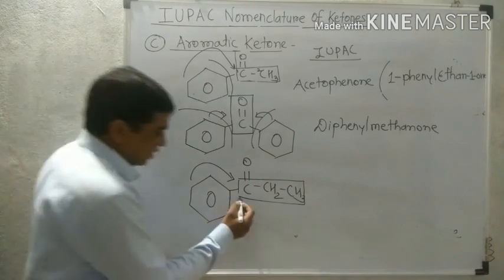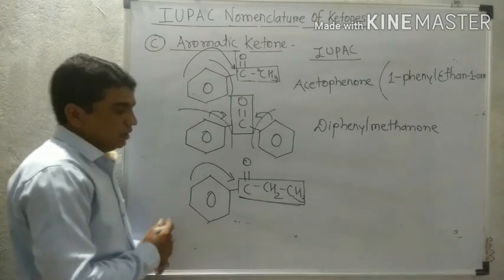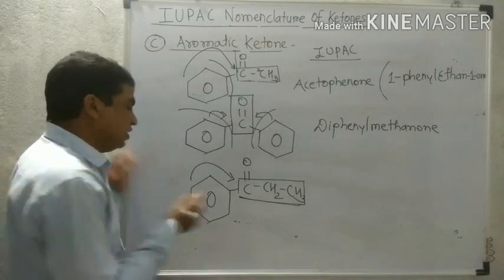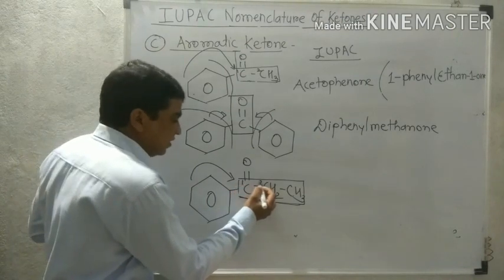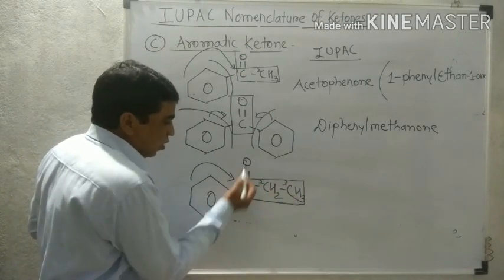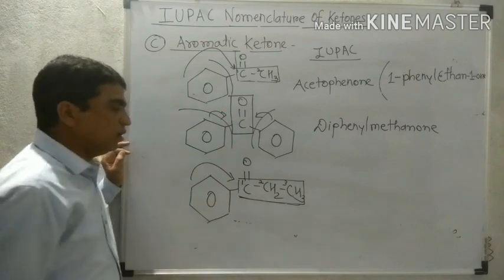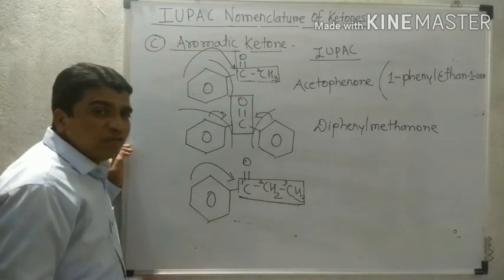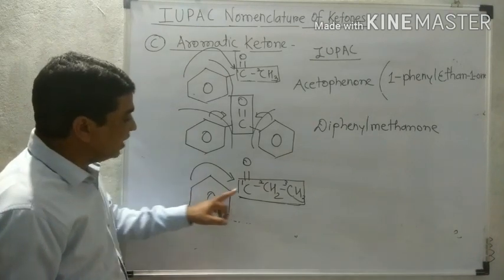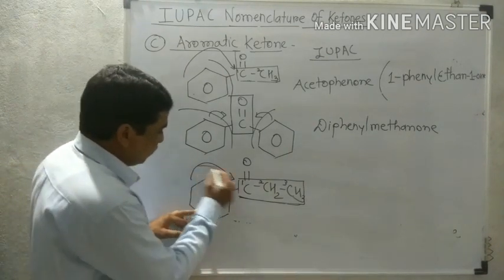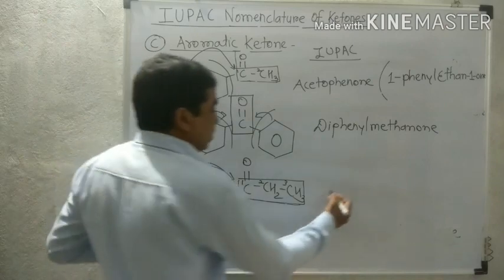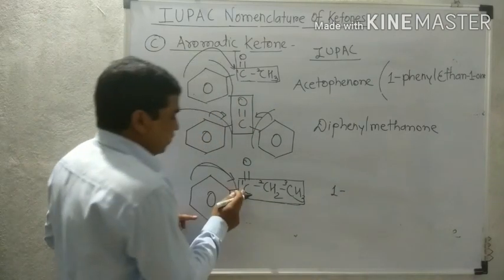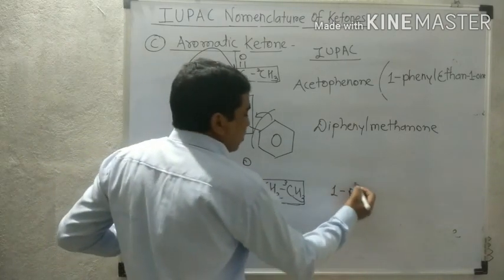Therefore, selecting this long carbon chain, we number it from obviously this end, because the C double bond O is at the first carbon, which is nearer. And on the other side, it is attached with phenyl also. Therefore, write the position of this phenyl group. Where is the phenyl attached? The first carbon contains phenyl.